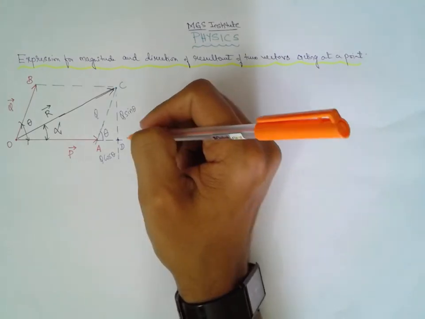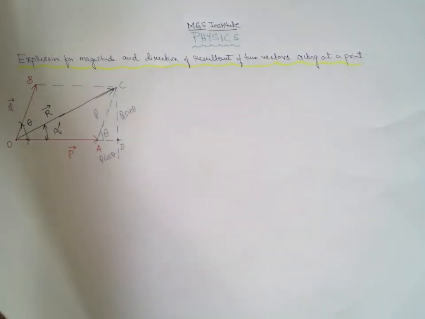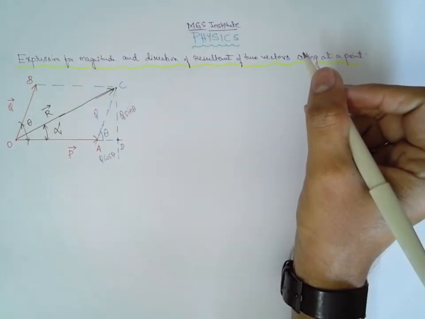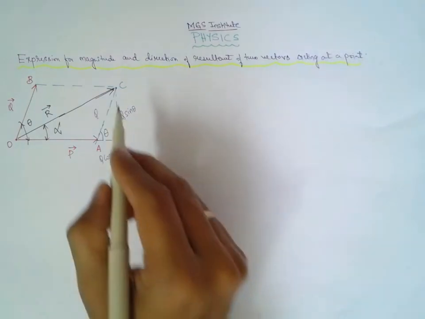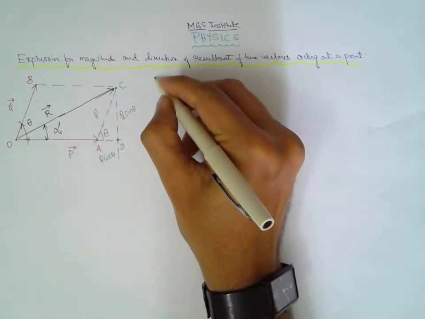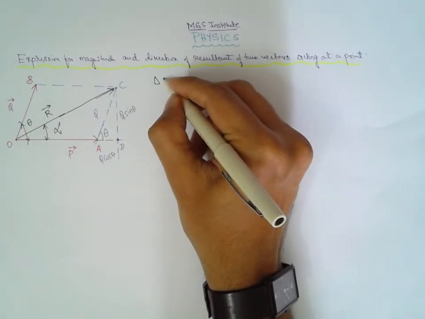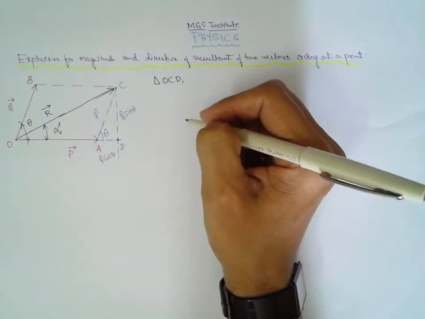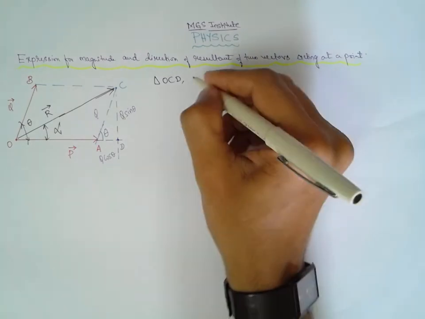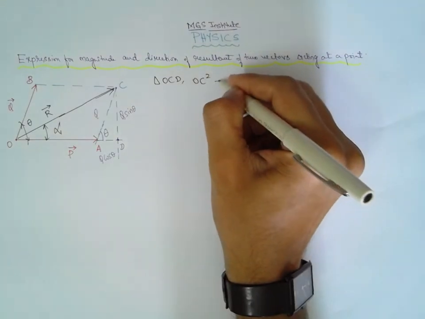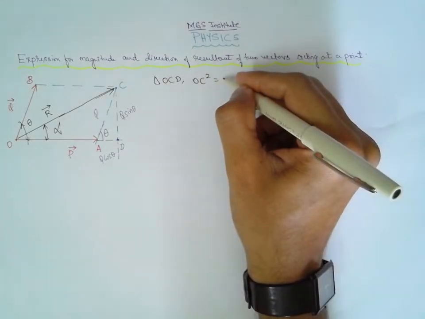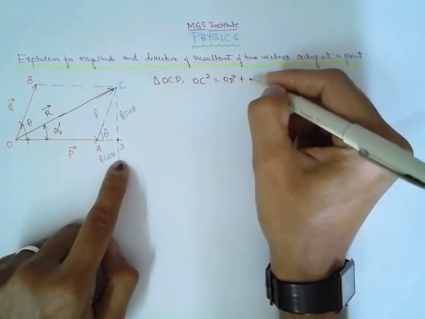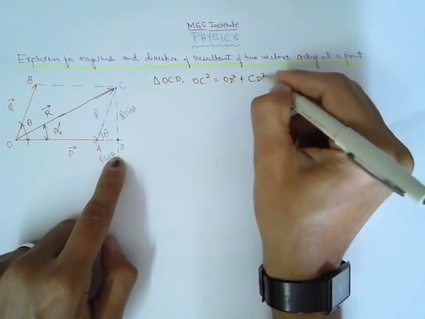From this much data, let us start the derivation. We will apply our famous Pythagoras theorem now. Look at the right angled triangle. Which is the right angled triangle we have got? OCD. In this right angled triangle, let us write down OC square equals OD square plus CD square, right?